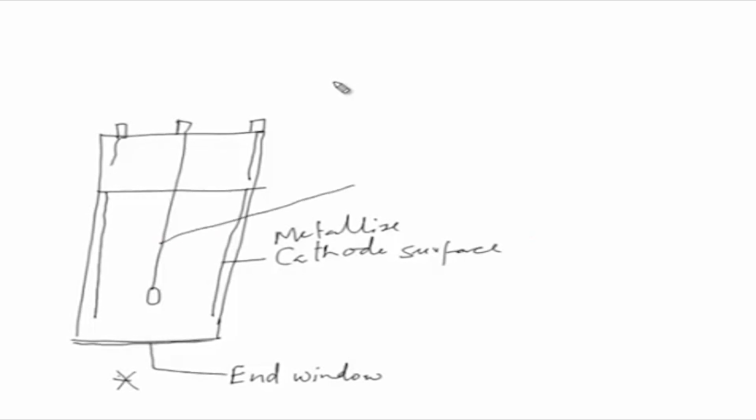This is the central wire, which is the anode wire, and there is a glass bead attached in here. Now, there is inert gas filled in here, and the radiation from the radioactive sample will enter through this end window and will ionize the gas, and the current or the pulse will be recorded.